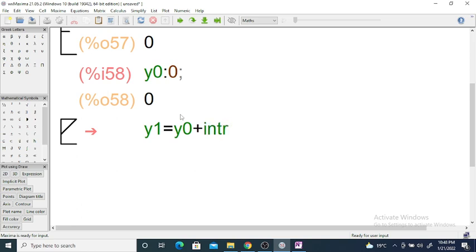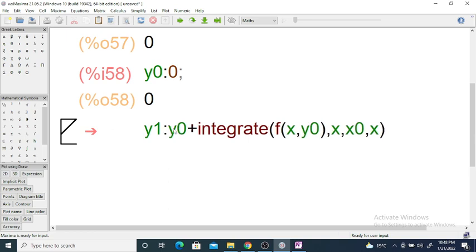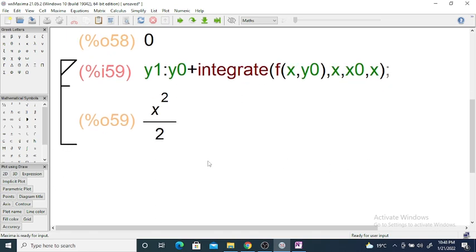Next, y1 is equal to y0 plus integrate. In Maxima, to calculate the integration, we use the command integrate f of x, y0, in the variable x from x0 to x. Okay, so this is the value of y1. It is x square by 2.